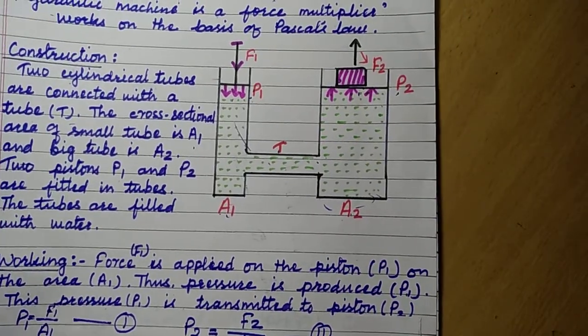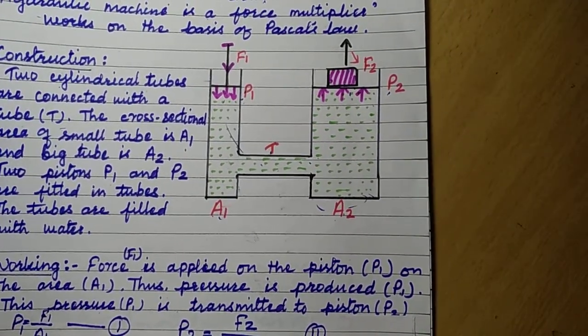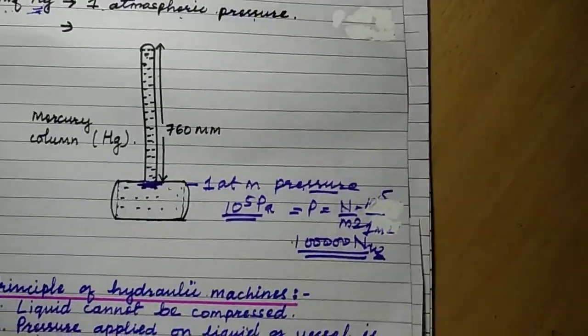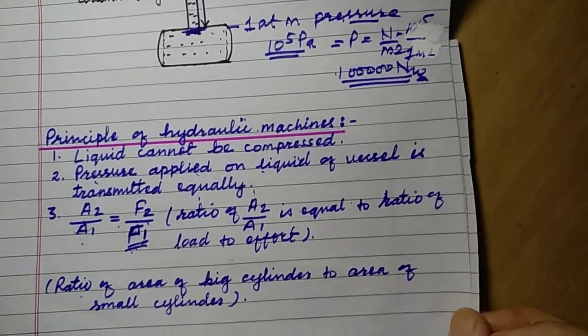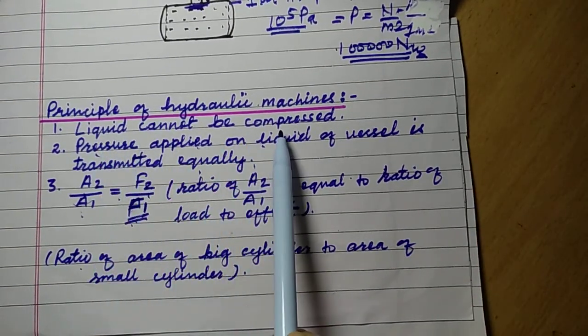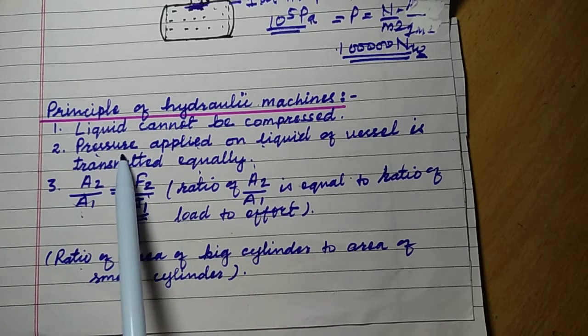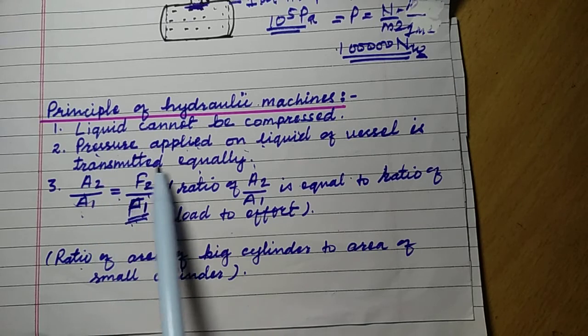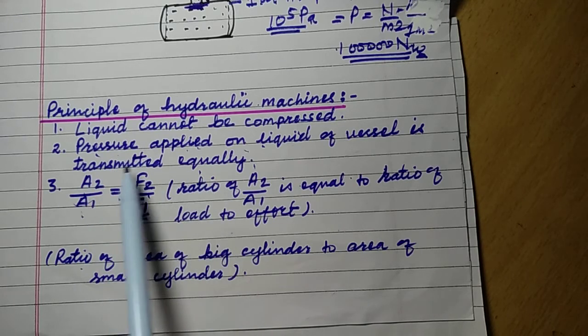Now we'll see the summary of the principle of hydraulic machine. How can you sum it up? It is like this: liquid cannot be compressed, and pressure applied on liquid of a vessel is transmitted equally. That is Pascal's law.